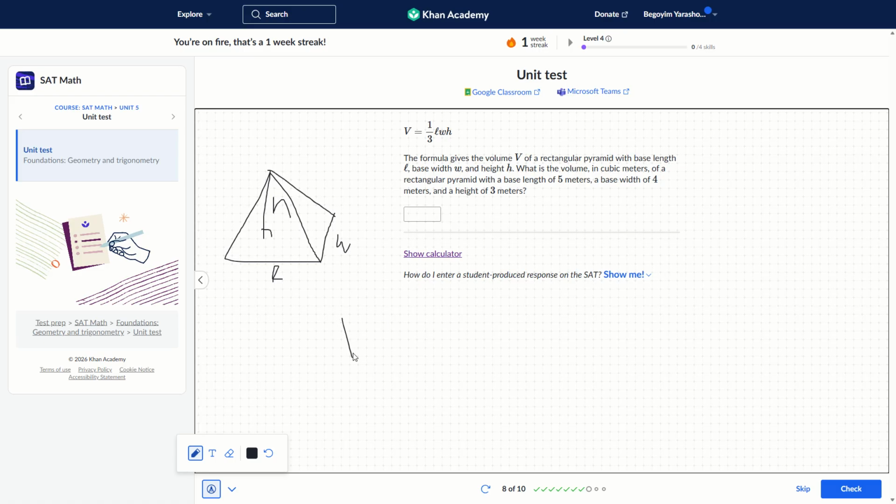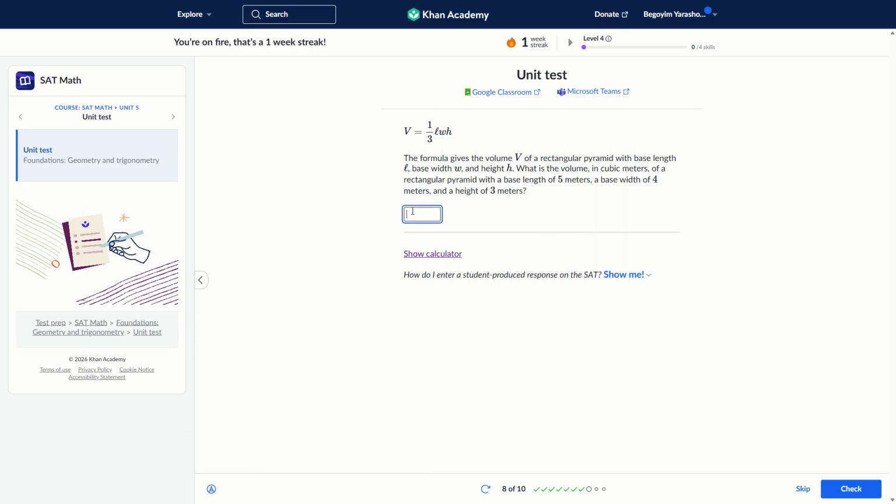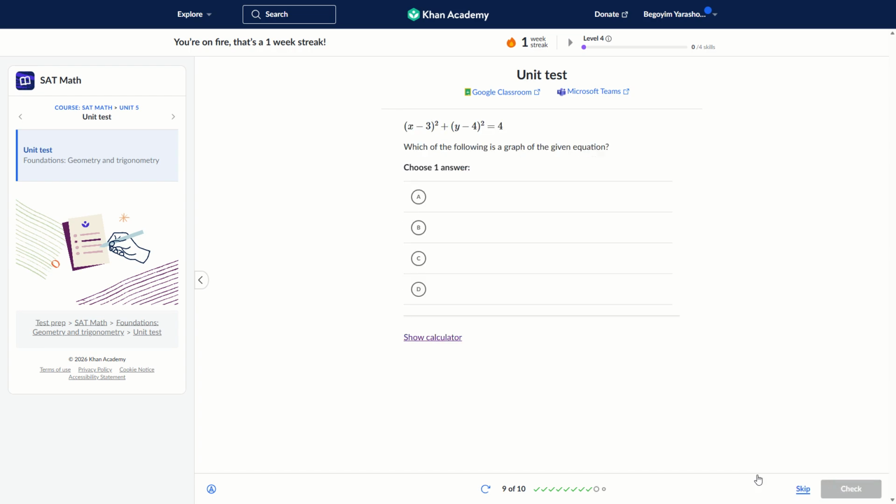They're giving a formula and asking for the volume, one third times L, W, and H. What is L? Length is 5. What is width? It's 4, and height is 3. 3 cancels out. If you multiply it, we get 20. So the volume is 20. Let's check. Yeah, it's correct.